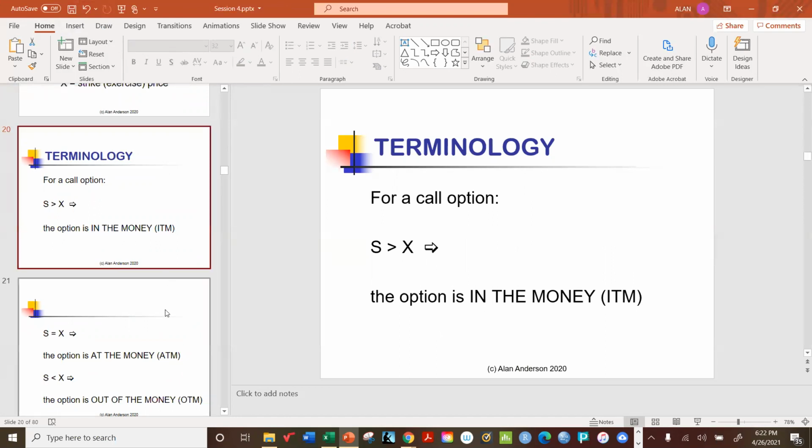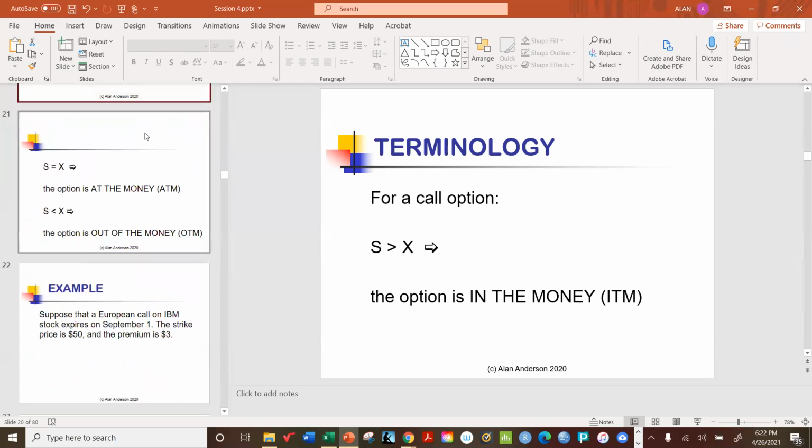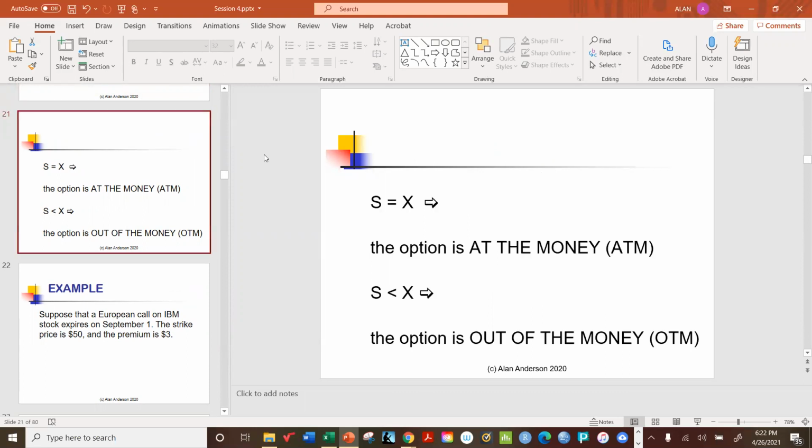It's basically horse racing terminology, but somehow Wall Street got a hold of it. And now this is what they say down there. And so in the case that the spot price is exactly equal to the strike price, then the payoff would be zero. And we call that at the money. It's sitting right on the fence between having a positive payoff and none.